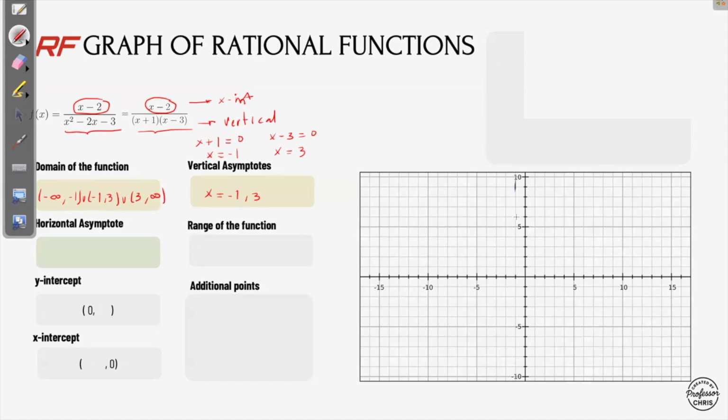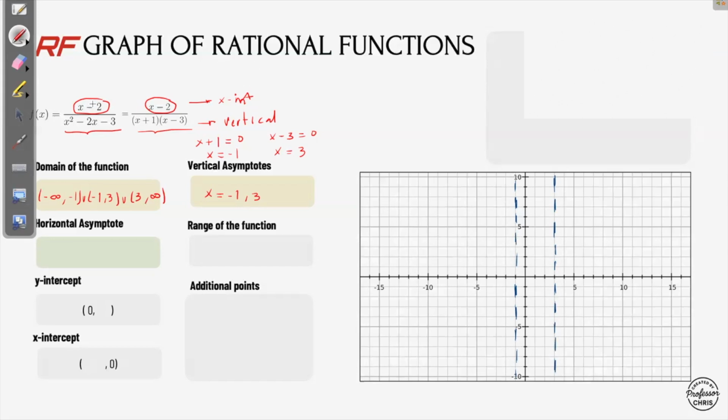That is minus 1 over here, and the other one will be at 3 over here. Remember, those are not actually part of the graph. They are just there to allow you to sketch the actual graph.